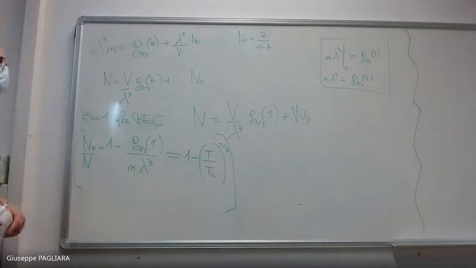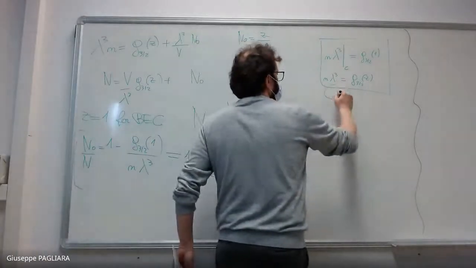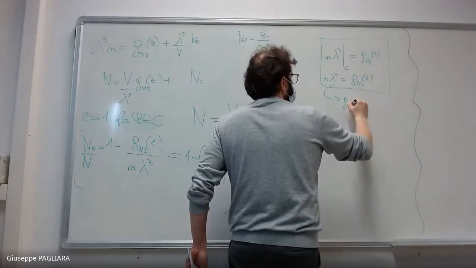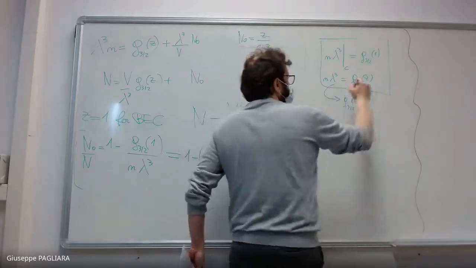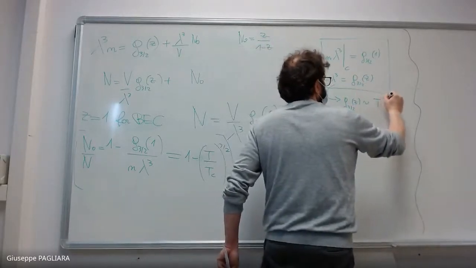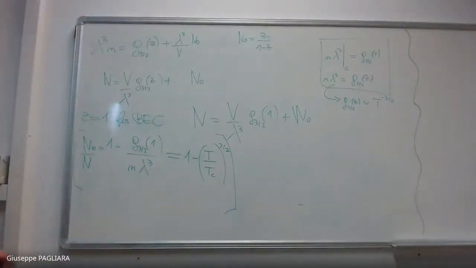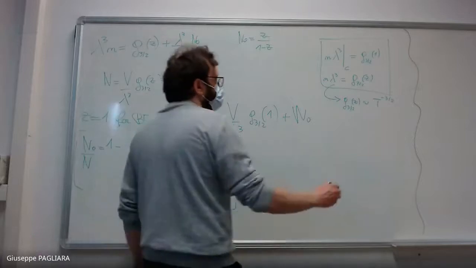So let me repeat what I'm doing here. From this equation, I see that g_{3/2} of z scales as T to the minus 3/2, and also n lambda cubed, of course, scales to the power of minus 3/2.